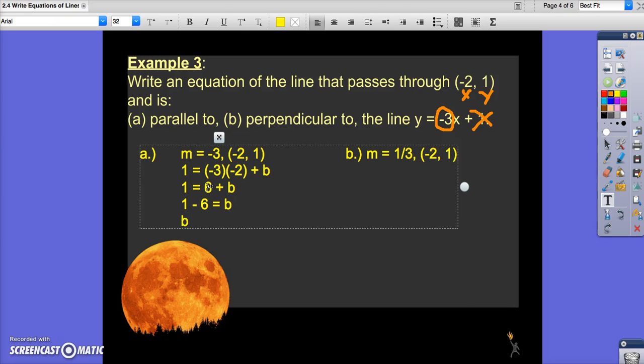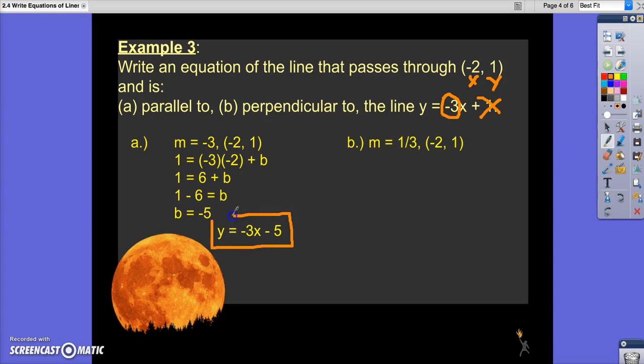I get b equals -5. And if I want to write my equation here, I take the equation, just plugging in my m and my b. So y equals -3x minus 5. And that's my answer to the first one.